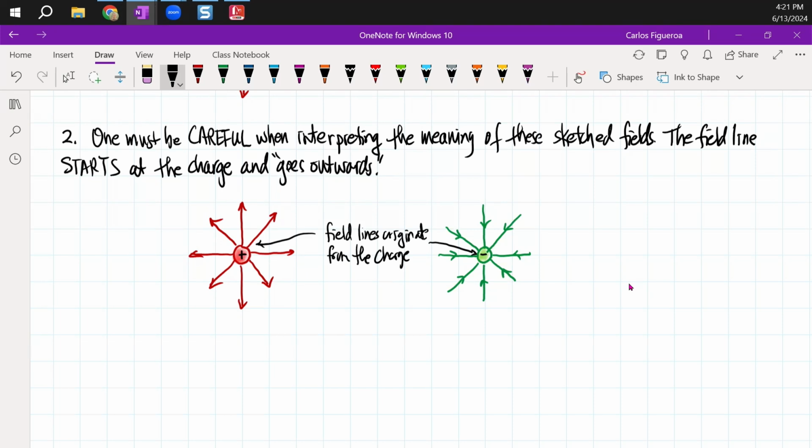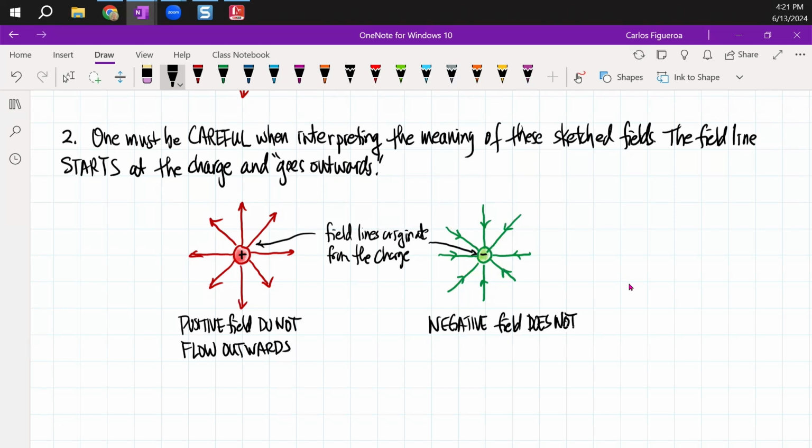Another thing that we want to be really careful about is that the positive field does not flow outwards. The negative field does not flow inwards.